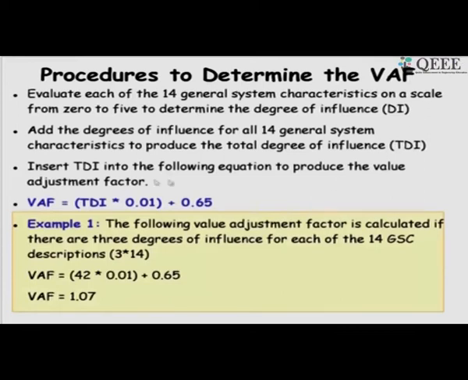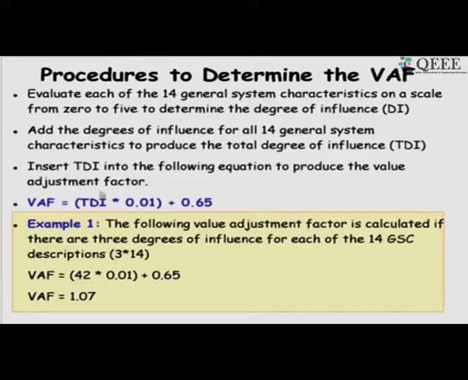So, this is the formula that he gave. The total degree of influence: as we said, 0 means there is no influence and the unadjusted function point does not change, and if it is very high influence, then it is 5.